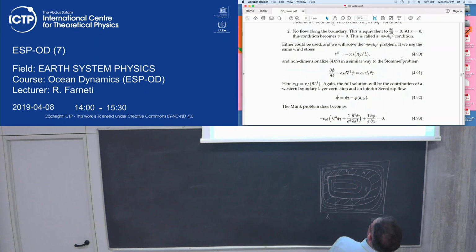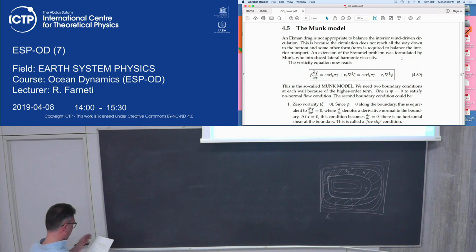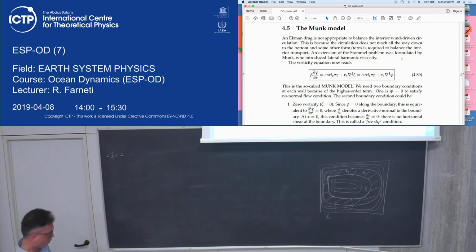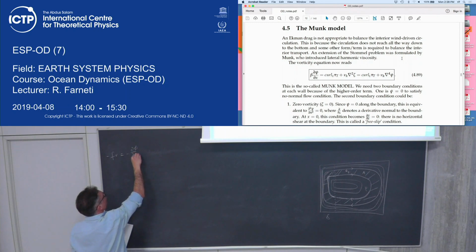You can get to the Munk problem just starting from the primitive equations, okay, which is probably more intuitive, and you see where the lateral horizontal viscosity is coming from. So we can write the momentum equations. Let's say we start from the beginning, and then we will derive the solution for the Munk problem.